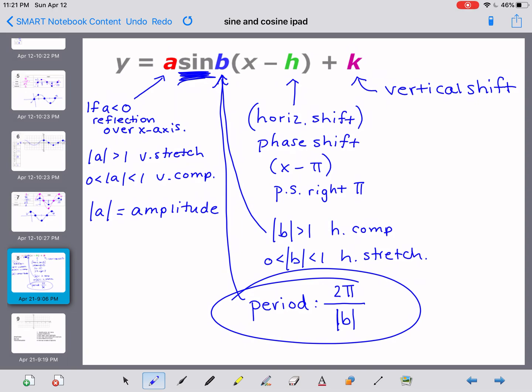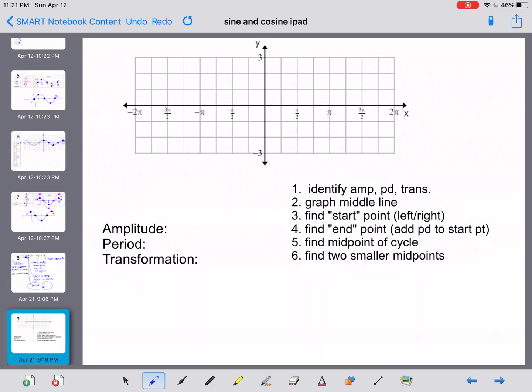All right, so now get excited. We're about to try some examples. I'm going to use this graph paper, and I provided it to you. If you're able to print it, that would be amazing. It'll make your life so much easier. If you don't have printer paper and you can't print this, you can hand draw it.